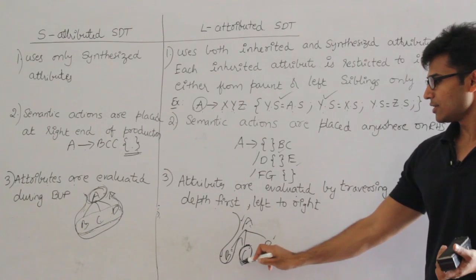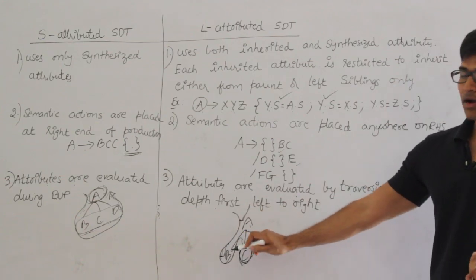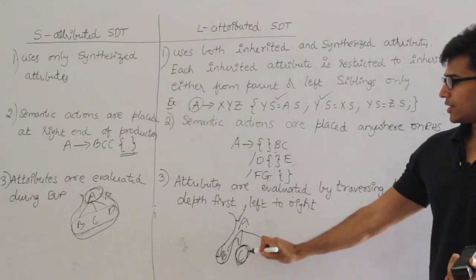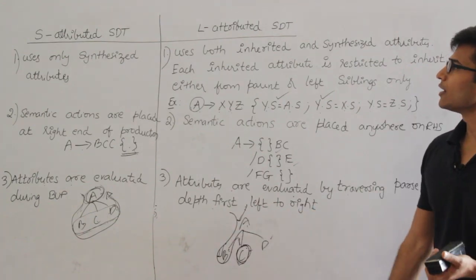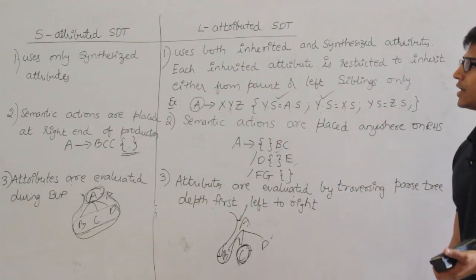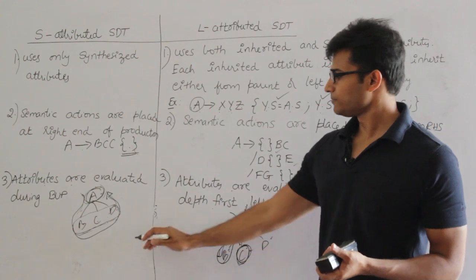By the time I reach any variable, all the parents have been visited and all the left subtrees have been visited. Therefore, by the time I reach here, all the values that C is depending on are already evaluated. Okay. So this is the main difference between S attributed and L attributed. I'll take an example and give you more insight about this.